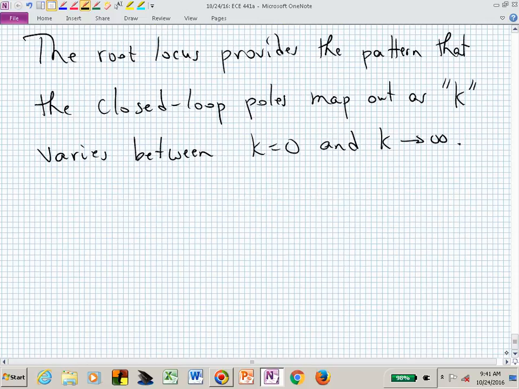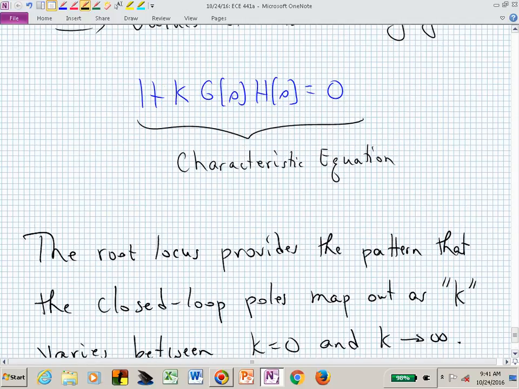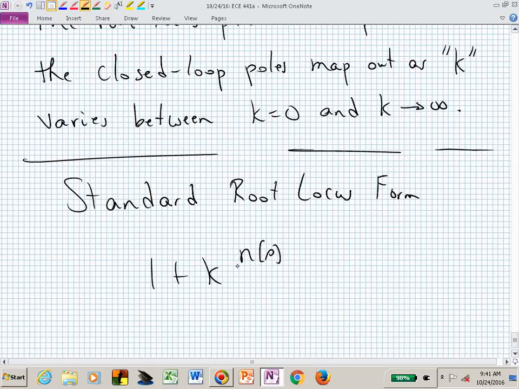And our standard root locus form relies on that characteristic equation structure, but now we will just compactify everything. All the zeros in G and H and all the poles in G and H will collapse down to a polynomial n and a polynomial d, so that we can now talk in general about having a characteristic equation expressed in the standard root locus form, which is 1 plus k n of s over d of s is equal to 0.